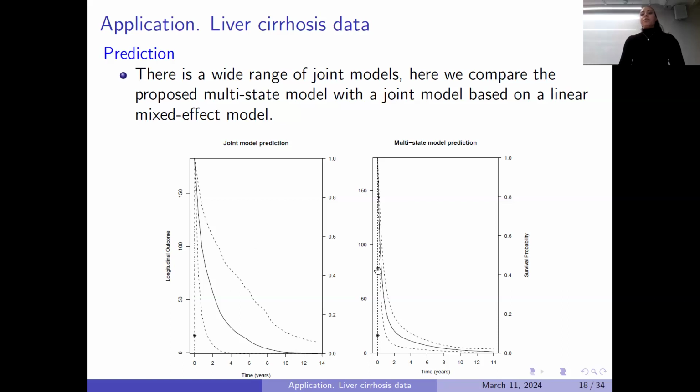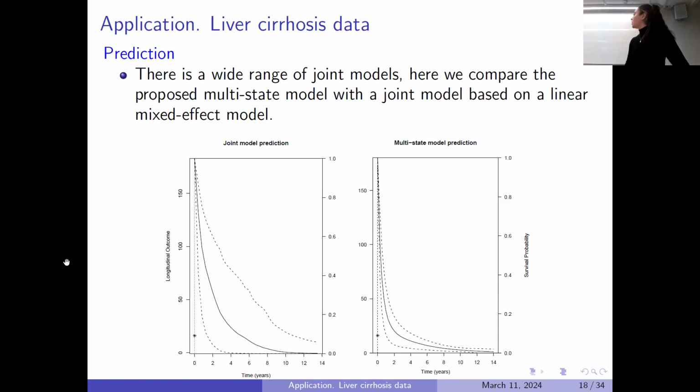And for the multi-state model, we have the standard errors being computed by using the multivariate delta method. So what we are seeing here is the predicted survival for a patient that has a low biomarker level. And then we plotted the median out of the 200 realizations and the standard errors.